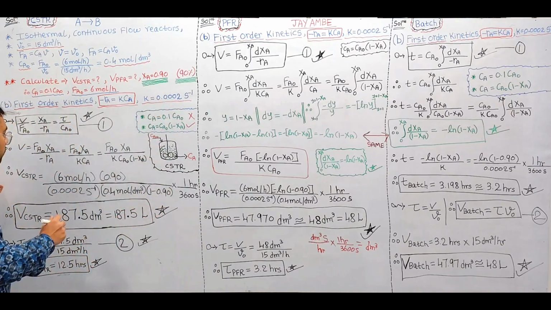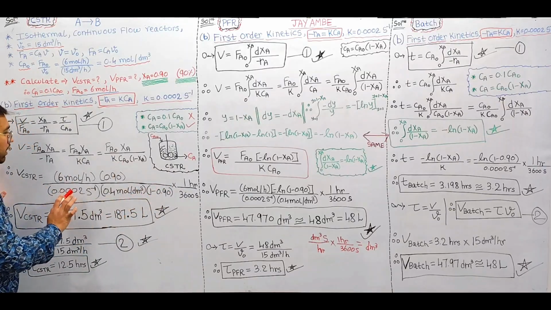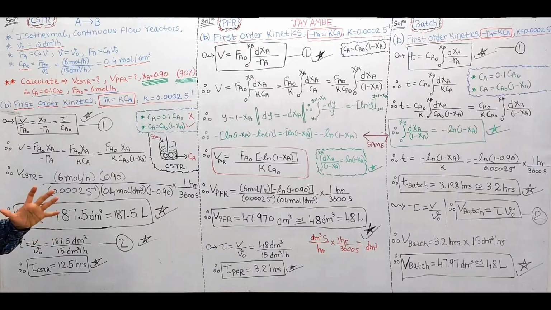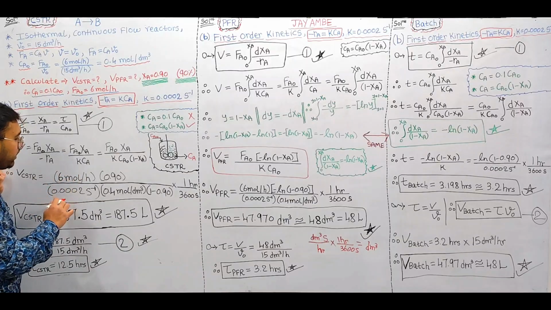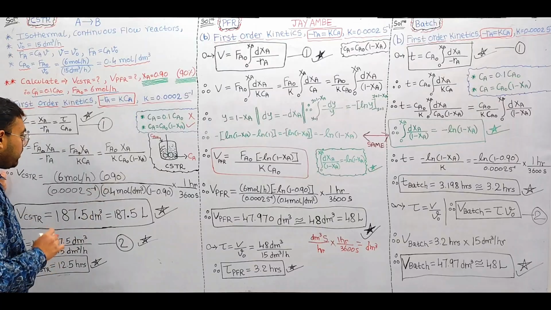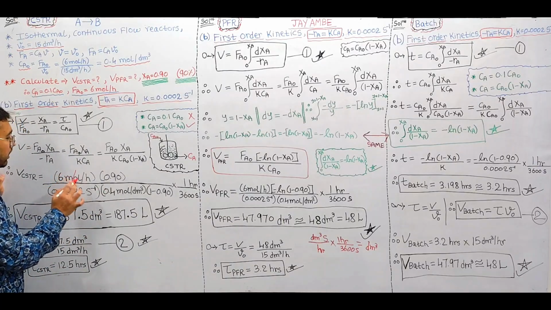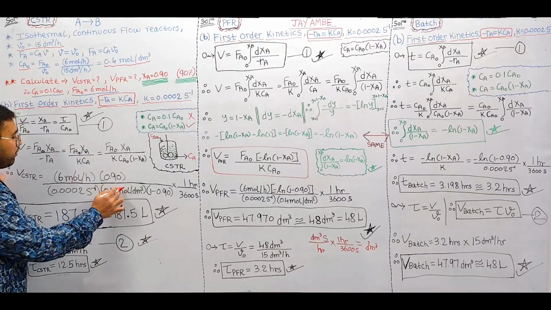So up to here we have plugged in all the values, but we also need to confirm the unit conversions. In the numerator we have moles per hour, and in the denominator we have second inverse and moles per cubic decimeter. From the numerator and denominator we can cancel off the moles.